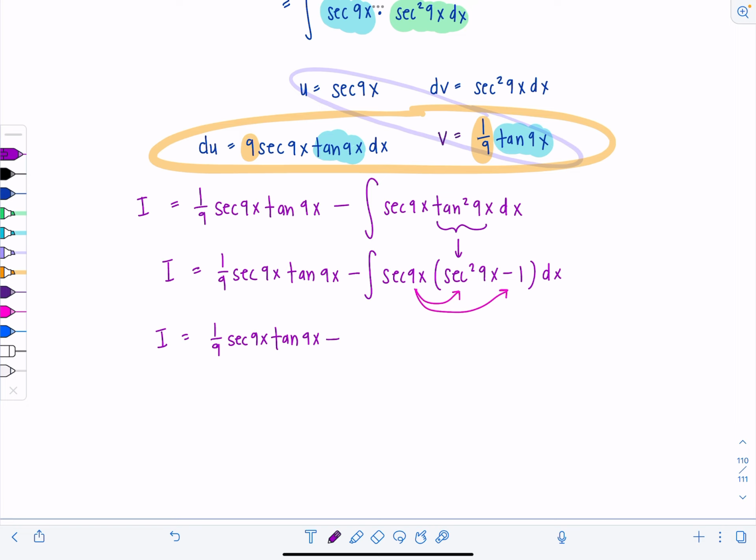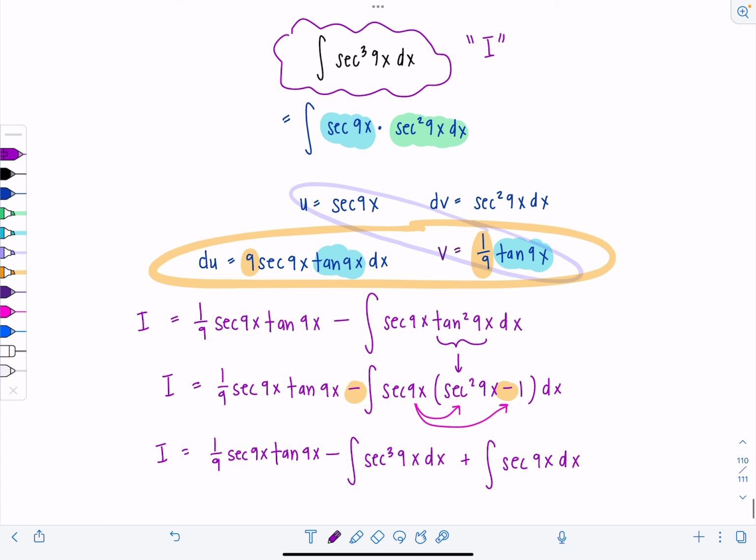Minus, now watch this, integral secant cubed 9x dx, and then I'm just going to right away, boom, split it up whilst I distribute. Check that out. Integral secant 9x dx. Do you see? It boomeranged. This is my original integral I, from right here. You see it? Secant cubed. It came back.